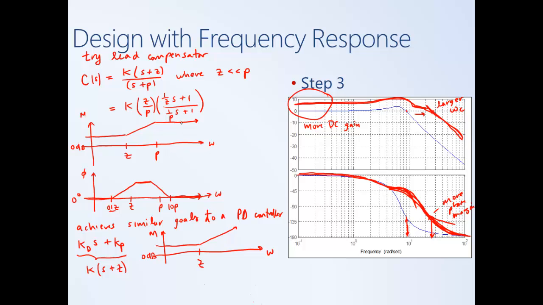The lead levels off. The PD keeps going. So it amplifies high frequencies, which is an issue because noise tends to be high frequency. Okay. And so this is something that we've discussed previously about differentiation, and we can see it explicitly in the Bode diagram, in the frequency response plot.